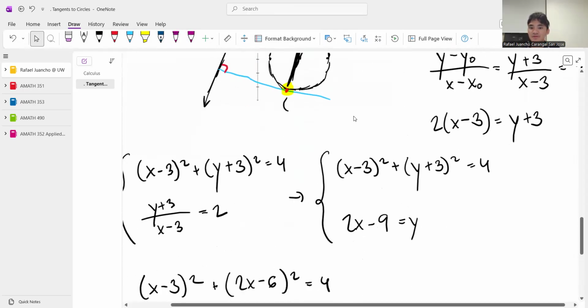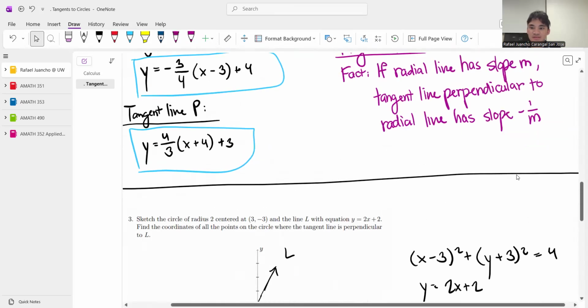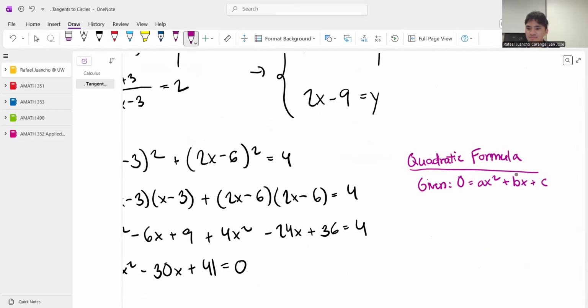So another tool that we can use is the quadratic formula, which is just a formula that tells us, if we're given a second order polynomial equation, so that would be 0 equals ax squared plus bx plus c, then our x, the solution, and whoever came up with this is a genius, is negative b plus minus b squared.